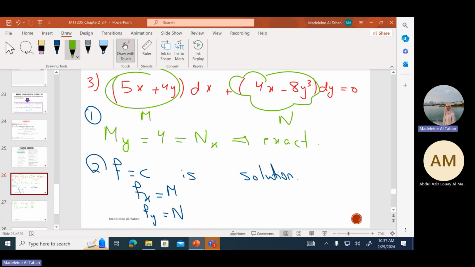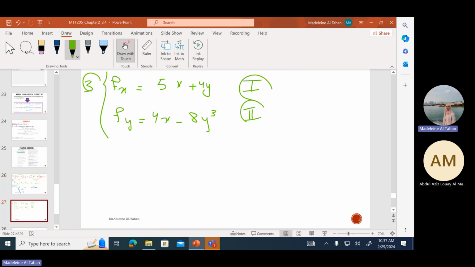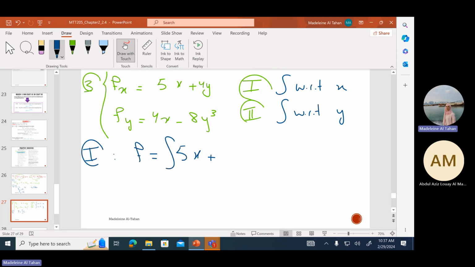Isn't it straight 5x plus 4y? Okay. What's the next step? This one we will integrate with respect to what? Okay, and this one we integrate with respect to what? When we integrate with respect to x, the constant is in terms of y. And when we integrate with respect to y, then the constant is in x. Perfect. So let's integrate equation 1, F_x is equal to 5x plus 4y with respect to x.